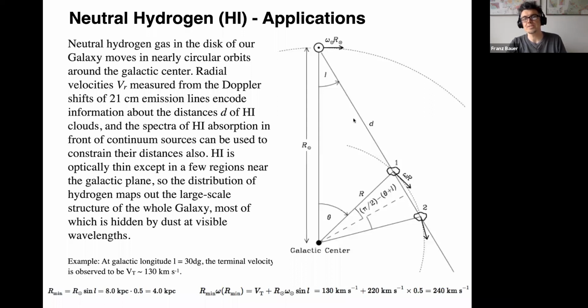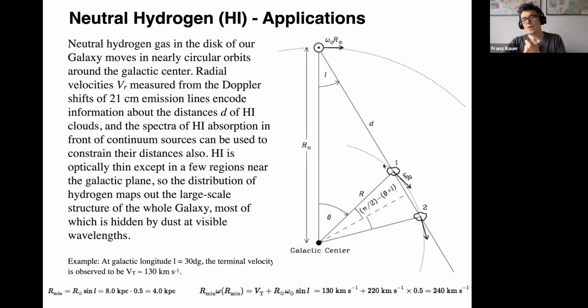We see the galactic center, we see two lines of sight, and these different clouds have the same Doppler velocity moving away from us.